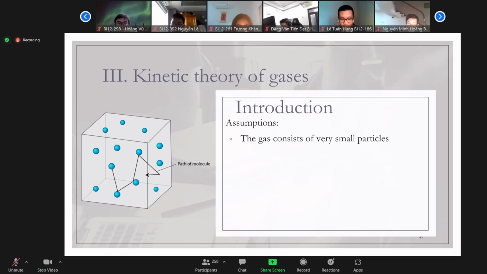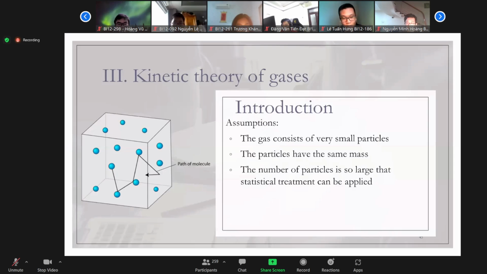Firstly, the gas consists of very small particles, just like a dot, như một cái chấm, như một chất điểm thôi. And the particles have the same mass. So no matter what the gas particle is, hydrogen or oxygen and so on, they have the same mass. This is our assumption, okay? In reality, actually it's different.